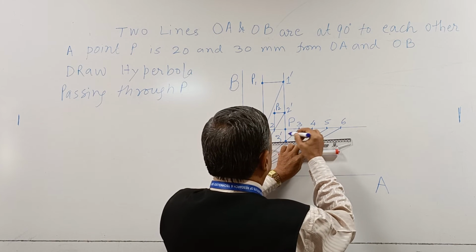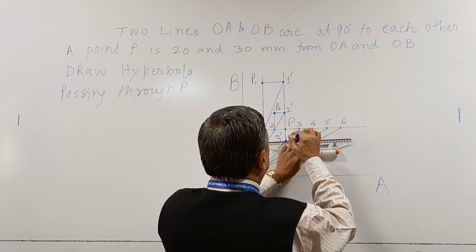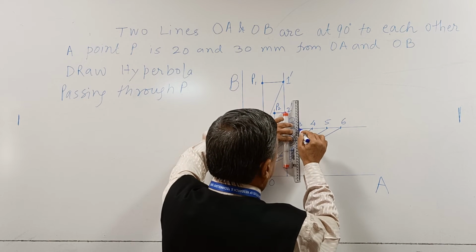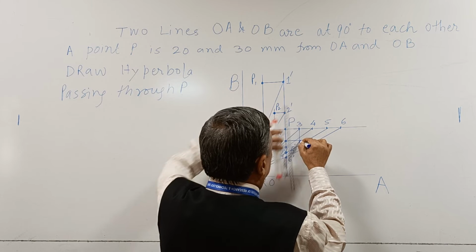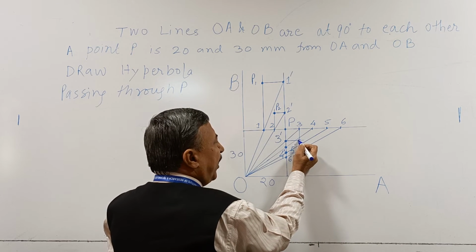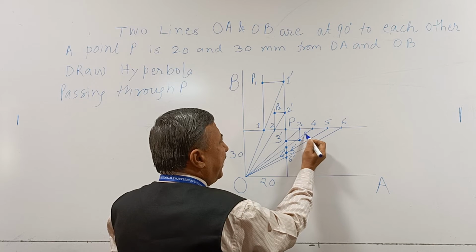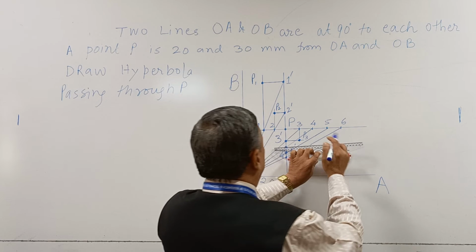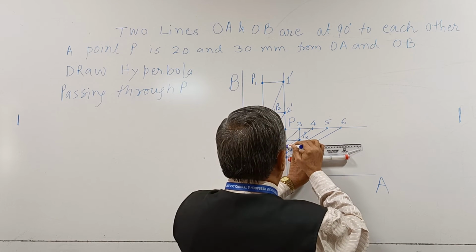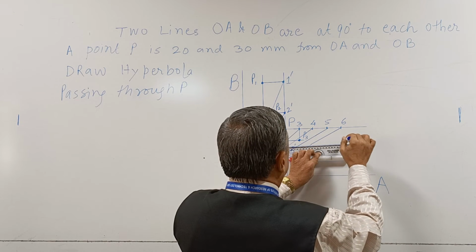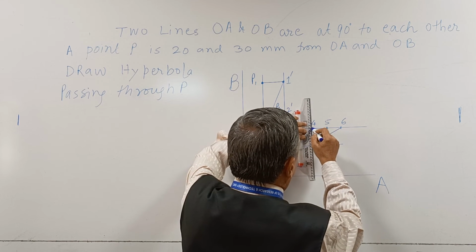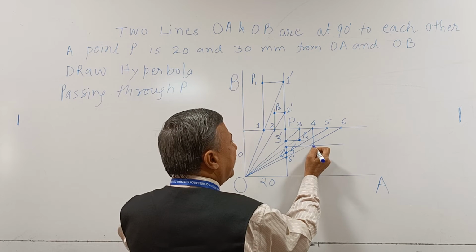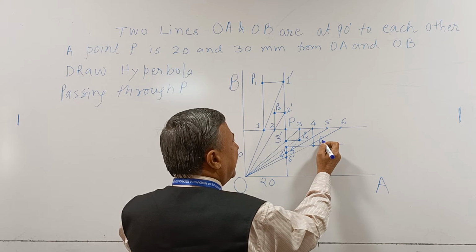Now repeat the same construction. From 3 dash draw parallel to OA, from 3 draw parallel to OB. So we get point P3. Next, from 4 dash draw parallel to OA, from 4 draw parallel to OB. So we get point P4.